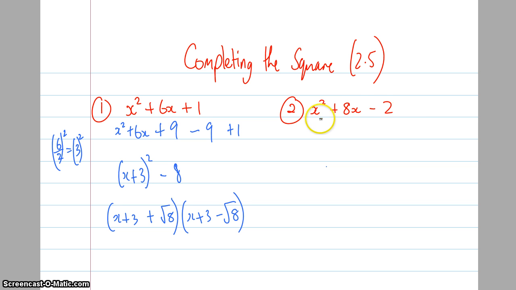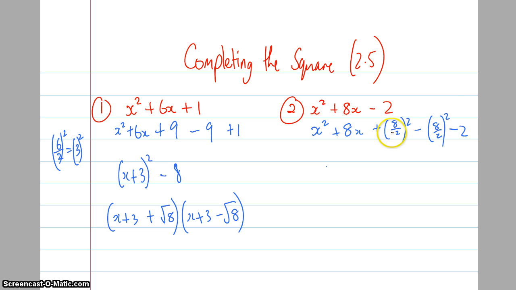Okay, let's have a go at this one over here. x squared plus 8x minus 2. Again, I'm going to put that minus 2 right at the back. I need to add and subtract a number in here, and the number is related to this 8x. In fact, it's going to be half that number. So I'm going to add 8 divided by 2 squared and subtract 8 divided by 2 squared.